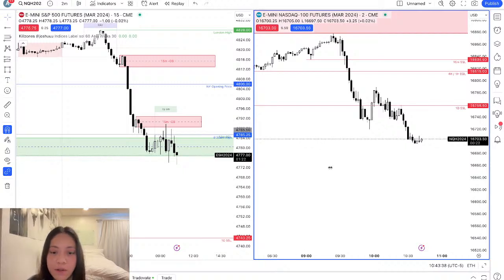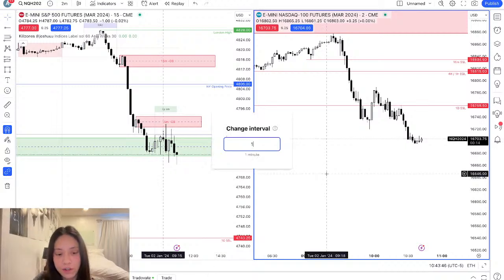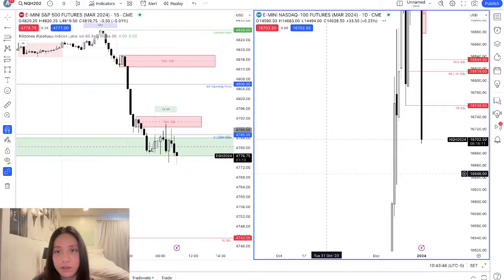Daily fair value gap on NQ is the draw. Yeah, there were a lot of daily fair value gaps on NQ. There's a lot.